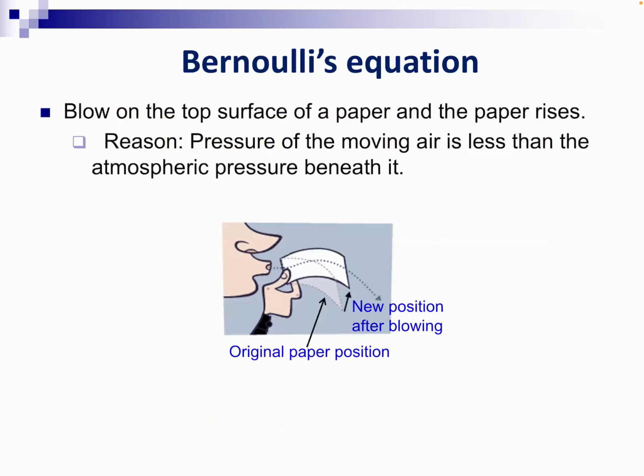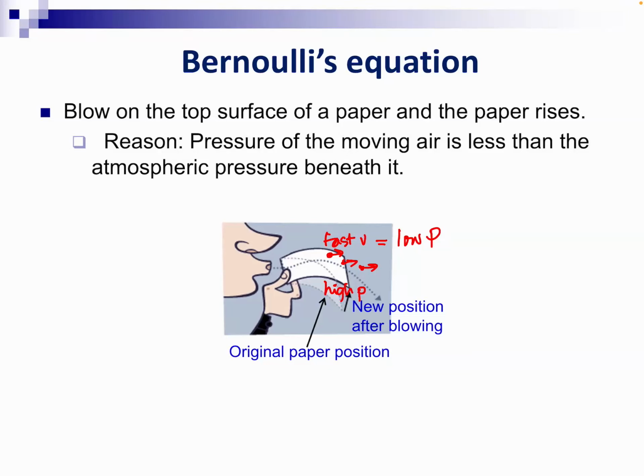Bernoulli's equation: when I blow across the surface of the paper, there is fast movement of air particles above the paper. Fast speed means low pressure. So I create a low pressure area above the paper, with a lower pressure compared to the pressure below.